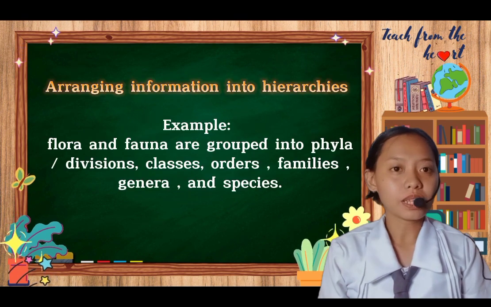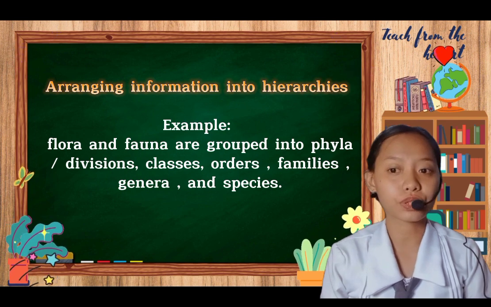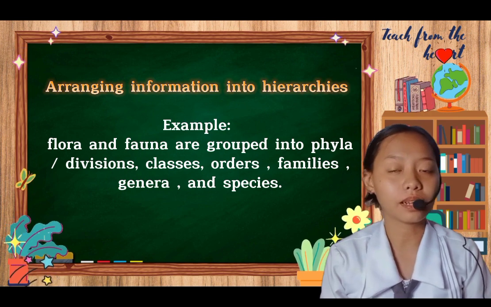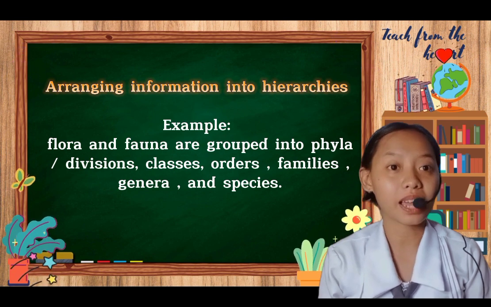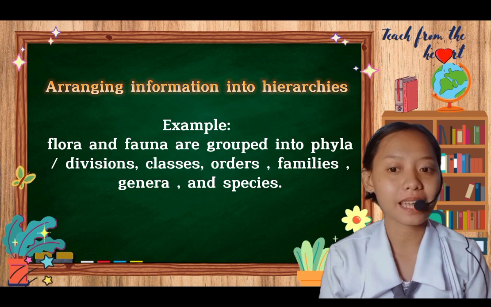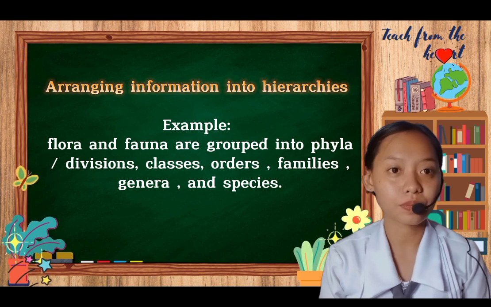Arranging information into hierarchies. Example, flora, which refers to the plants, and fauna, which refers to the animals, are grouped into phyla or divisions, classes, orders, families, genera, and species.